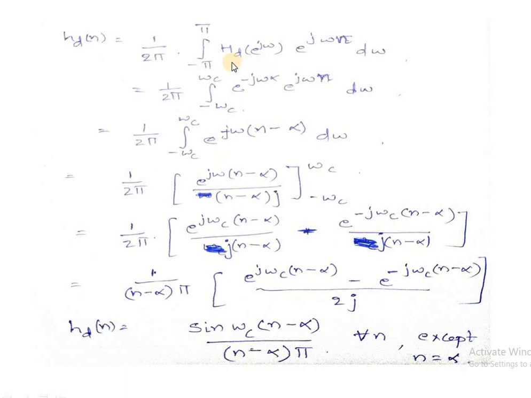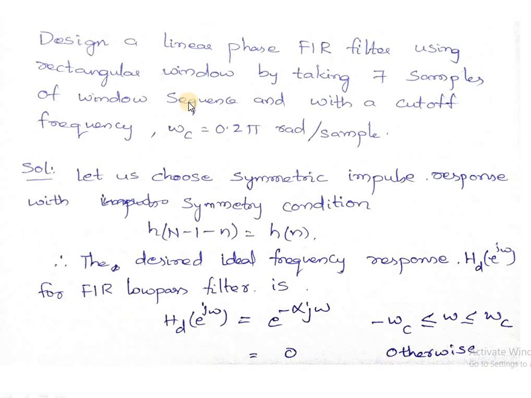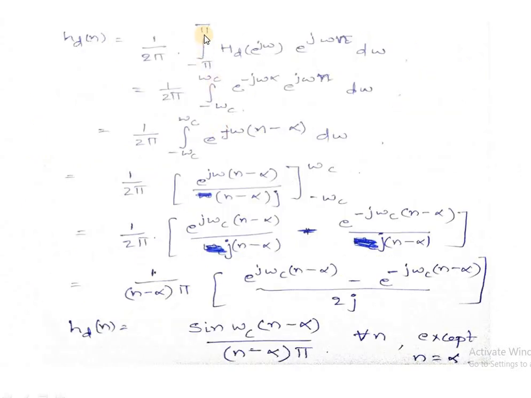Substituting e power minus j omega alpha within the limits of minus omega c to omega c, since omega c is given as 0.2 pi, it is certainly less than pi, and that is the reason the integral limits are changed based upon the given specifications. However, I haven't directly substituted 0.2 pi here, so we will be using those values a little later.